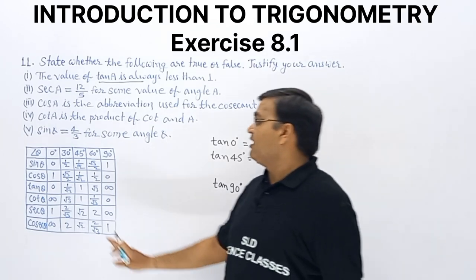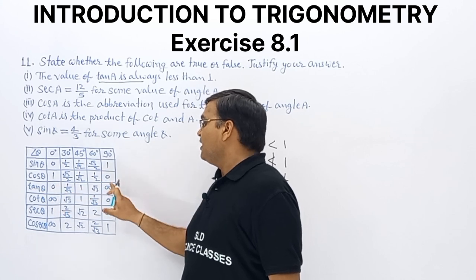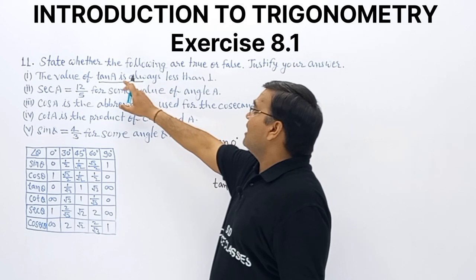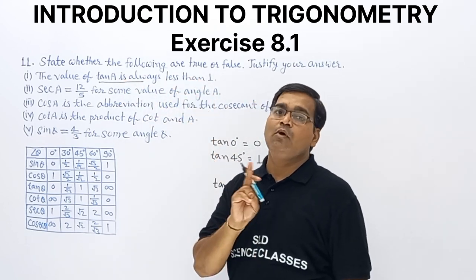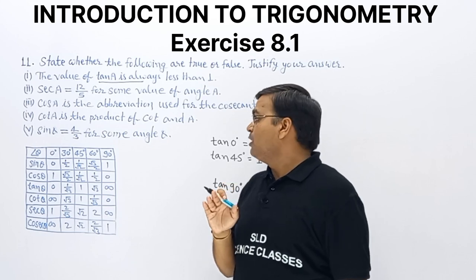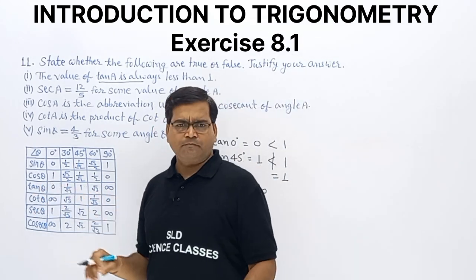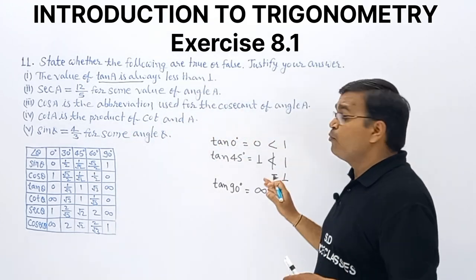So we can say tangent theta varies from 0 to infinity. Sometimes tangent theta is less than 1, but not always. Once we use other angles, we will get values of 1 or more.